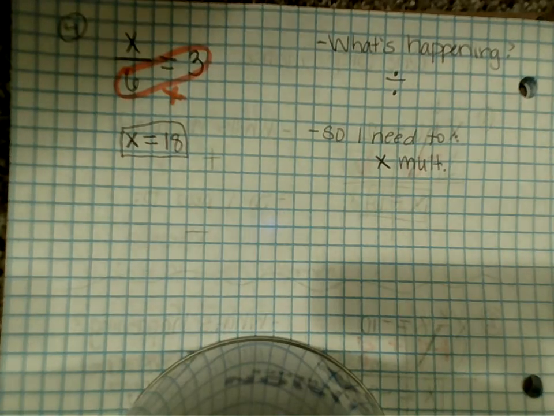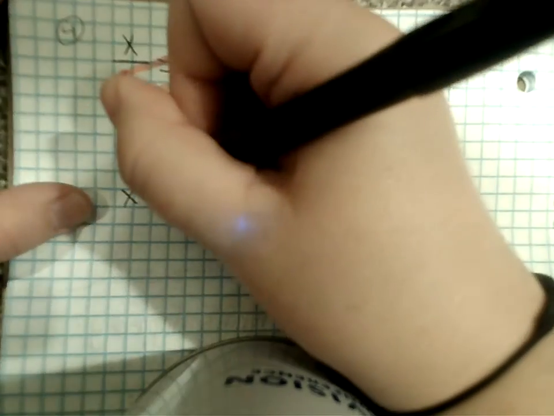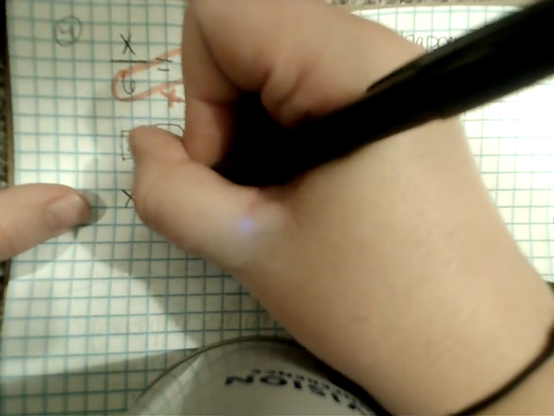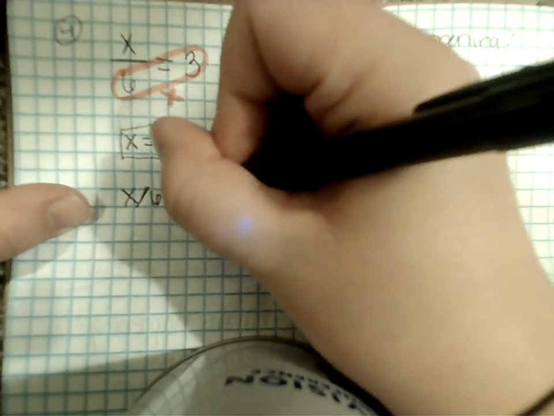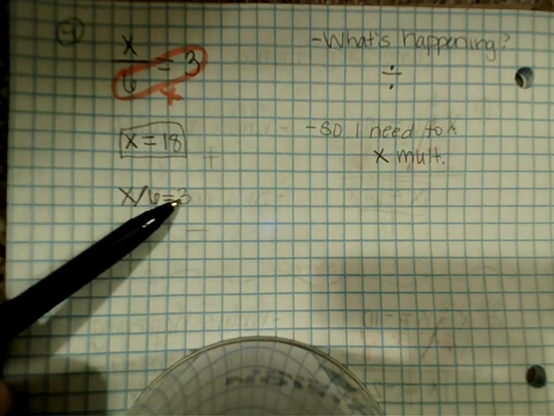Some other ways you might see this written. I don't want this to throw you off. You might see x and then a slash like this. Okay, that also means division. X divided by 6 equals 3. So the same thing.